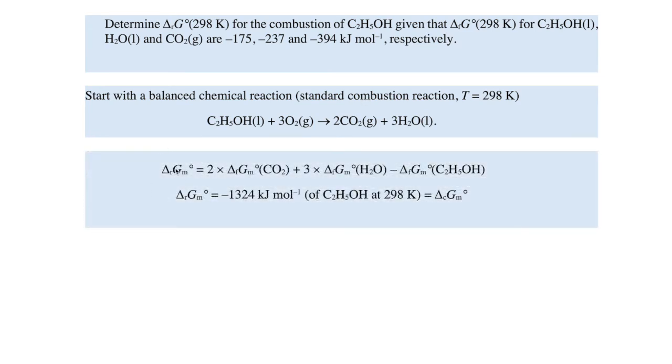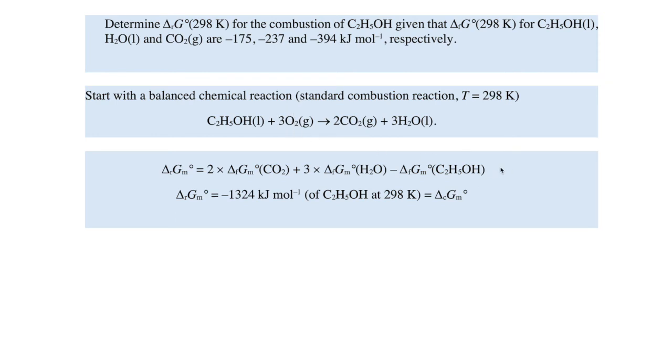To get delta G for this reaction, we need to take twice the delta G of formation of CO2 plus 3 times the delta G of formation of H2O, and subtract off all the reactants, that is delta G of formation for ethanol. Oxygen is an element in its standard state, so delta G of formation is 0.